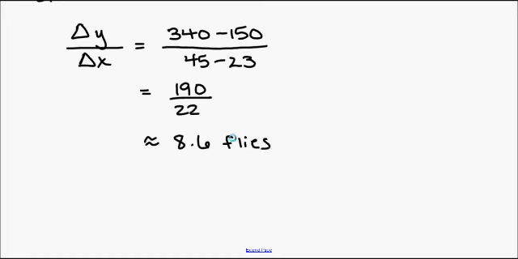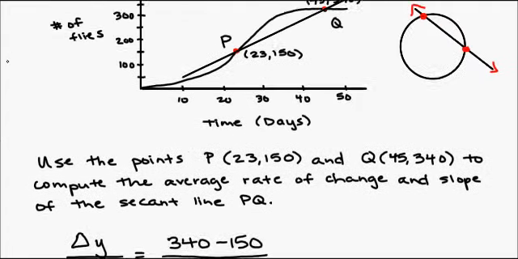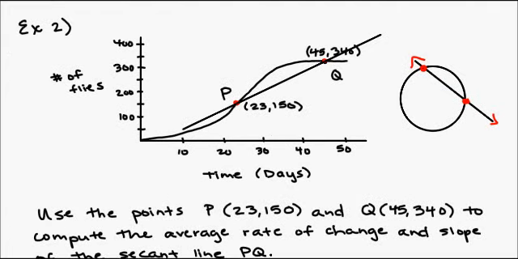So between P and Q, you're seeing an increase of 8.6 flies per day. Of course, you might be saying to yourself, you can't have 8.6 flies per day. You need a whole fly, so that would be about 9 flies per day, if you want to get technical. So this is our average increase on that interval.